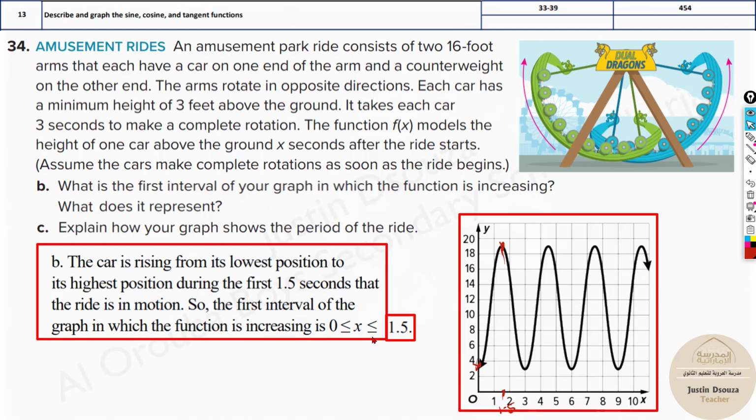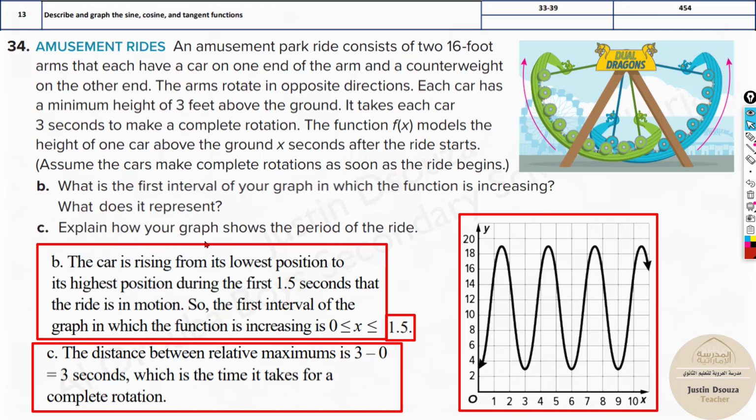X is greater than or equal to 0 and x is less than or equal to 1.5, or you can also write it like this, 0 comma 1.5 in closed brackets. It's better to write this format because generally the options will be like this. The third question is to explain how your graph shows the period of the ride.